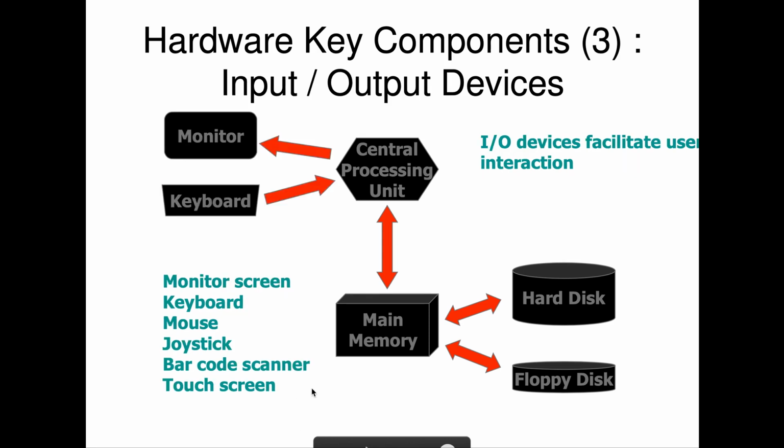Now we need another kind of component in order to work. Again, it is not something that makes the system exist, but it's really needed to work. That is the input and output devices: we have a monitor and a keyboard.